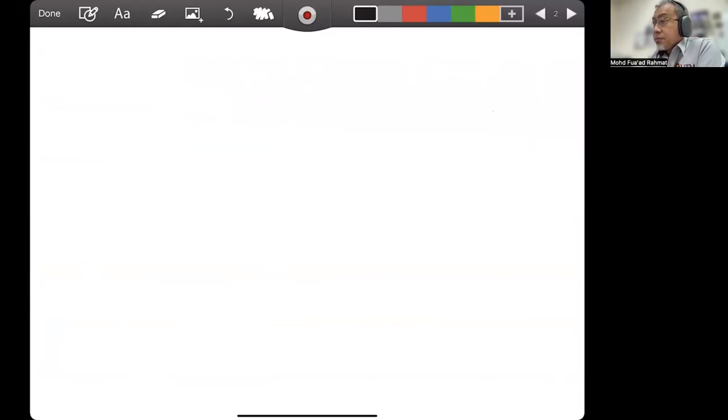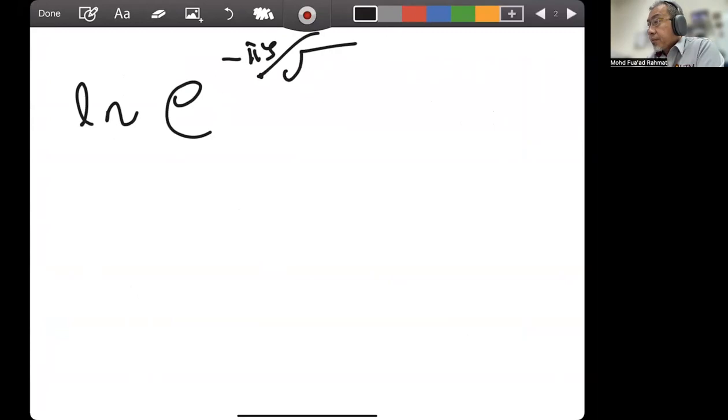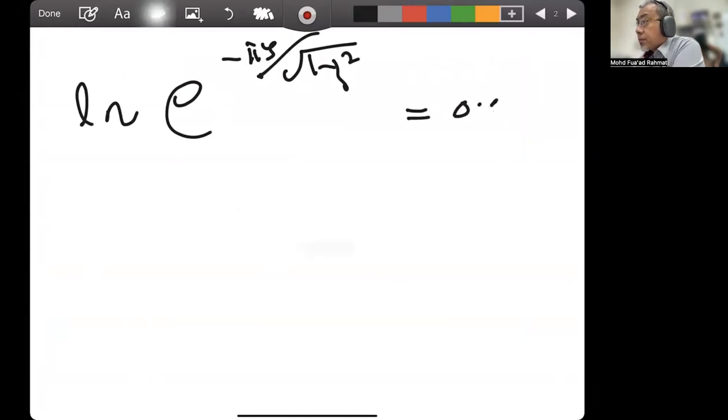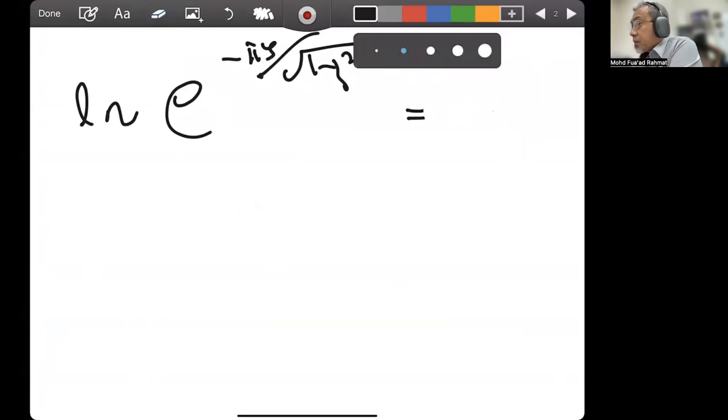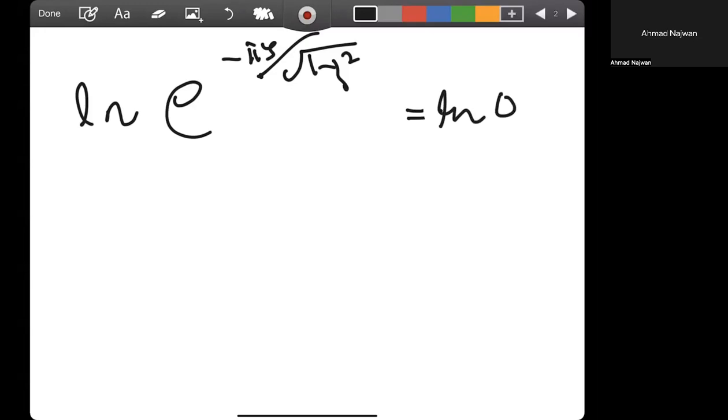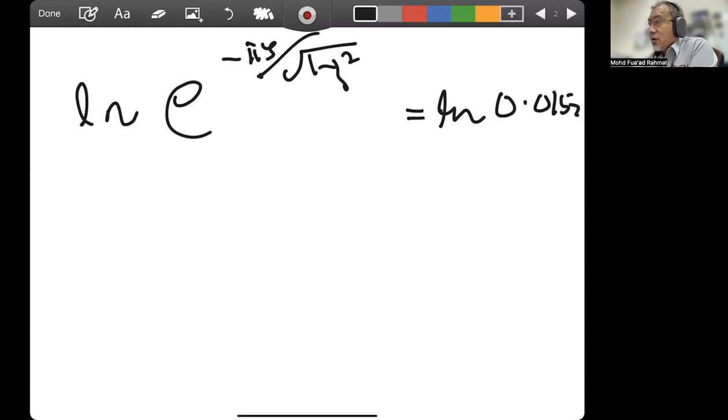Then go to the next page. We apply ln. What is ln? Natural logarithm.